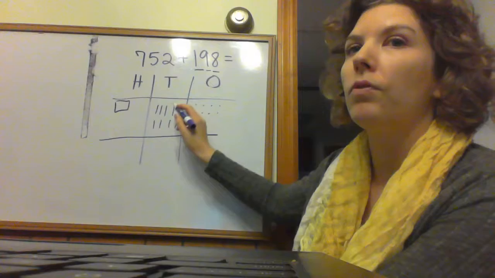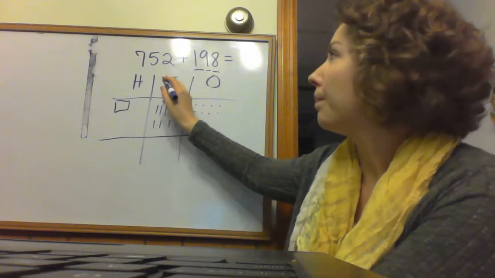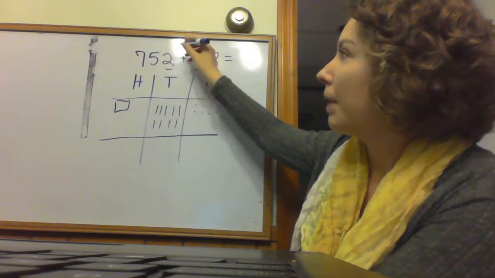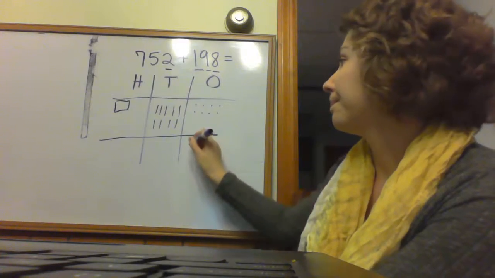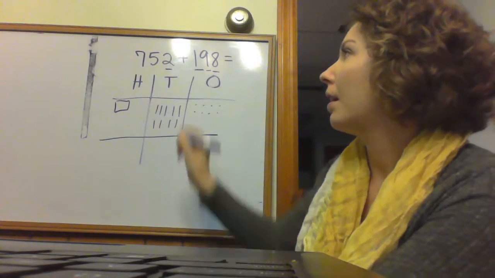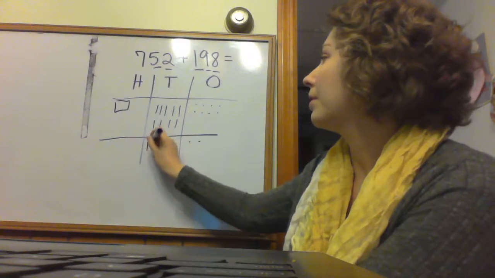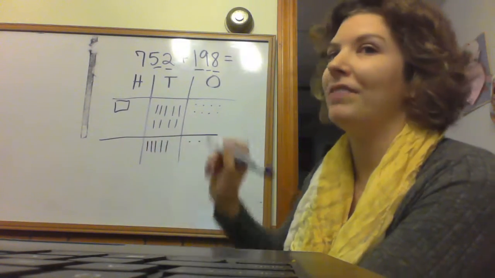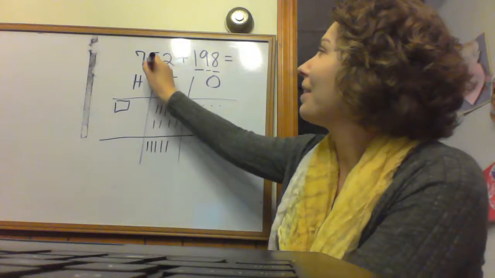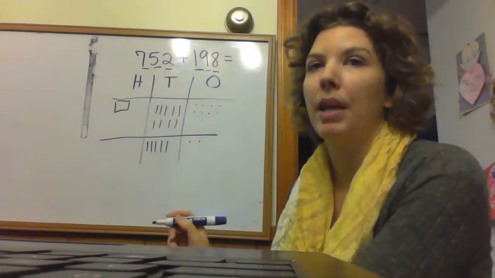So let's move over to 752. In the ones place, there's 2. In the tens place, there's 5. 5 ten sticks. And then in the hundreds place, there's 7.